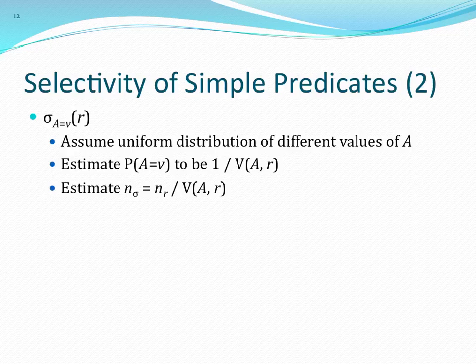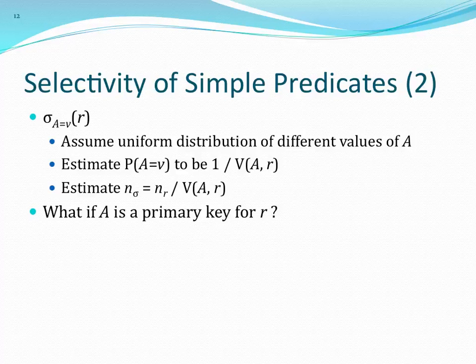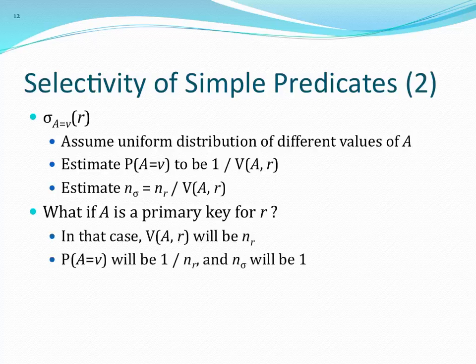Okie dokie. So, yes. What if A is a primary key for R? What can I estimate my number of rows will be? Again, presuming that it falls within the min and max of this. Yeah, 1 would be good. Now, does our math work out so that it would be 1? It's kind of cool. It does. So that's a nice vote.